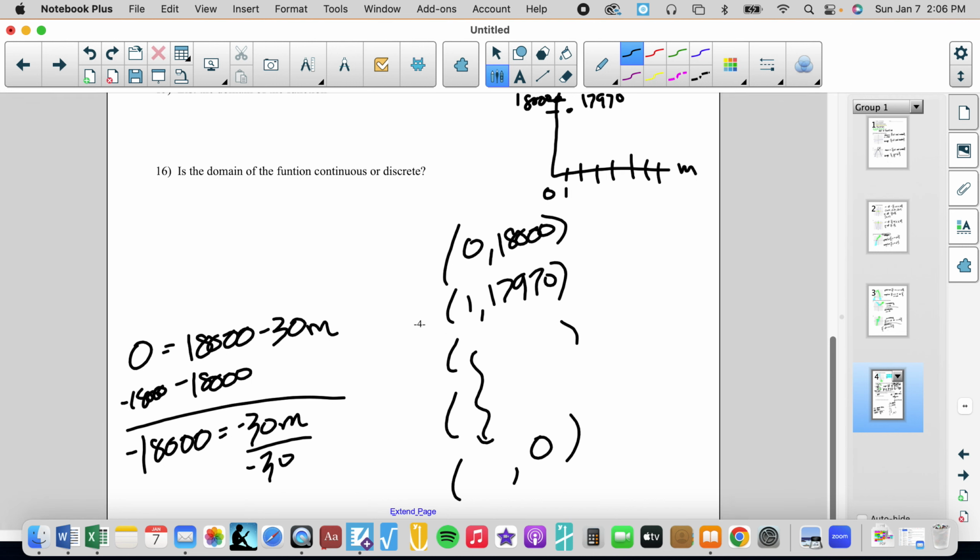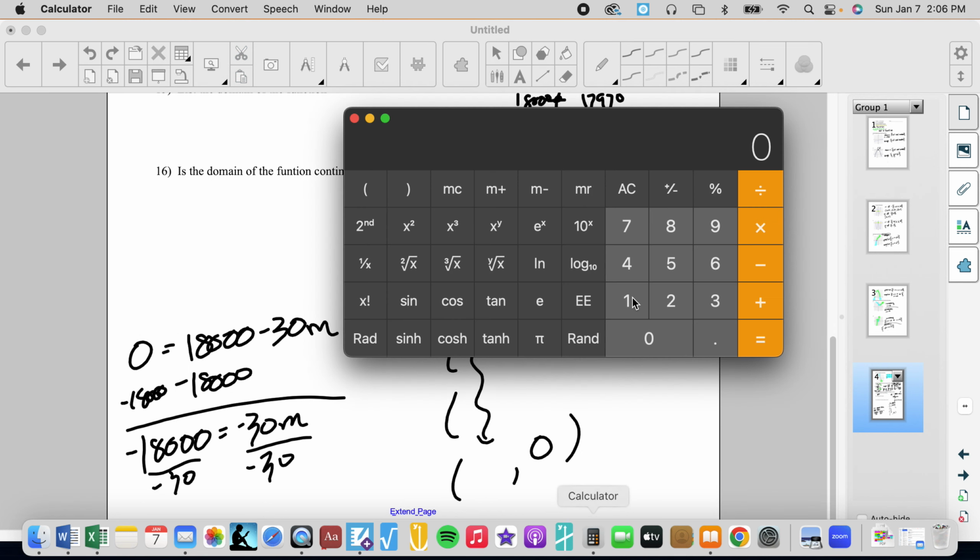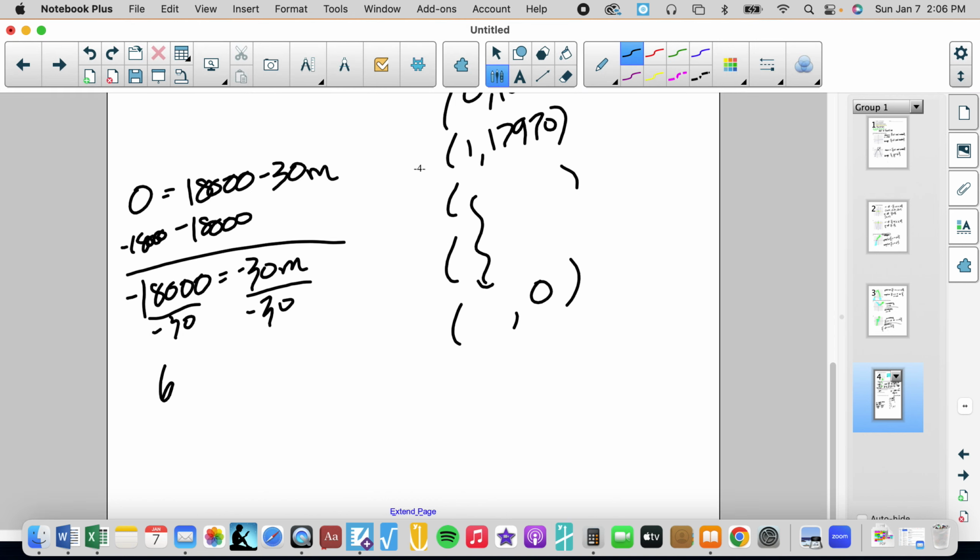We're going to divide both sides by negative 30. So 18,000 divided by 30 is going to give me 600. So positive 600. After 600 minutes, there's going to be 0 gallons remaining in the pool.